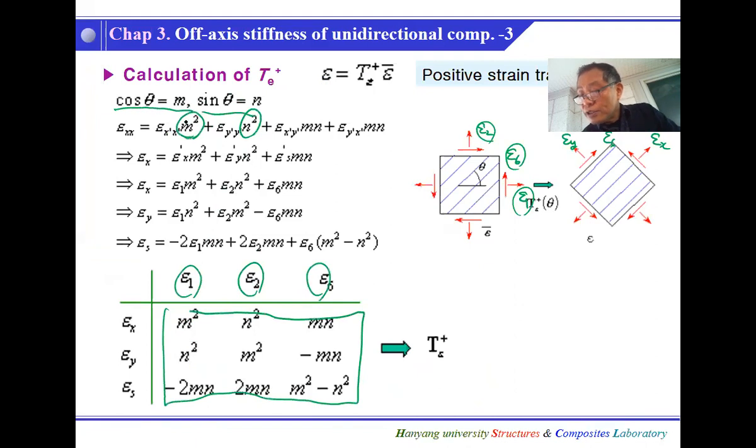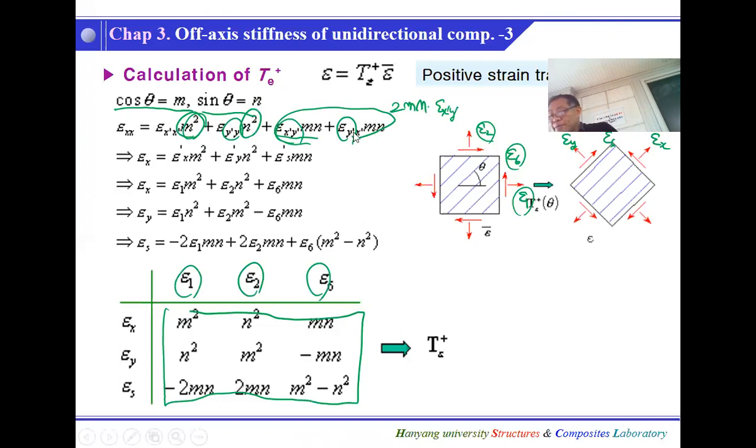So cosine, sine, remember this is the same, and so this will be twice of cosine, sine, and epsilon x prime and y prime. Okay, so there are several equations relating on-axis strain and off-axis strain.